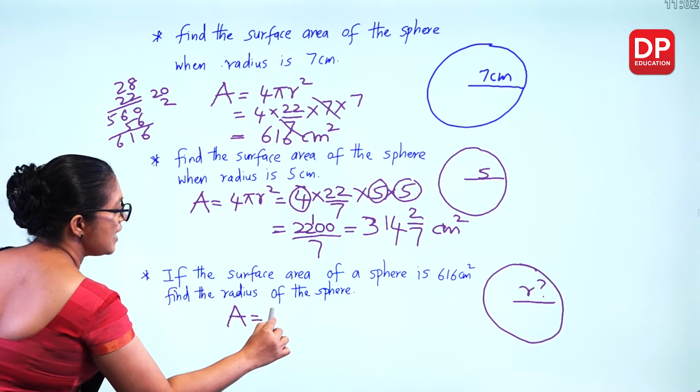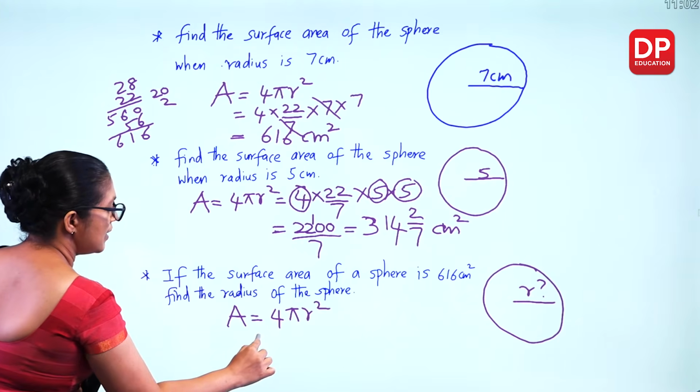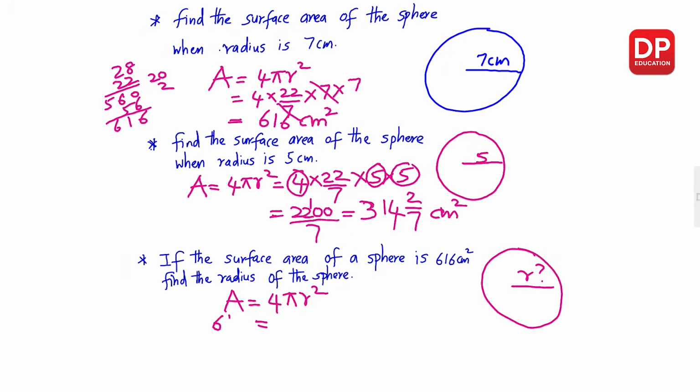We know that A equals 4 pi R squared, and 616 is given for A. 4 times pi, which is 22 over 7, times R squared. Find R squared. Make R squared the subject.